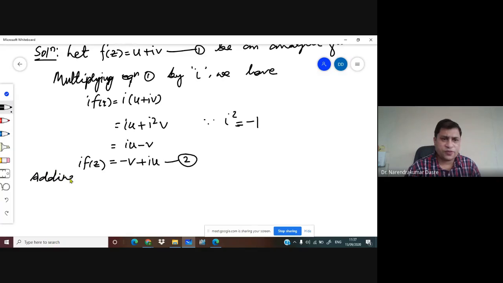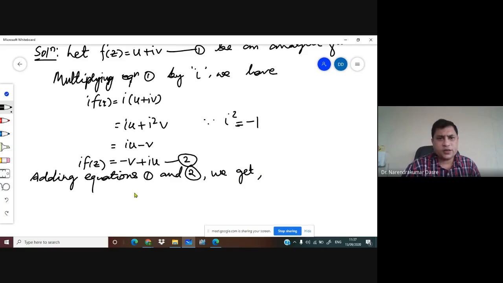Then we can add equations 1 and 2. So we get f of z plus i f of z is equal to u plus iv plus minus v plus iu.